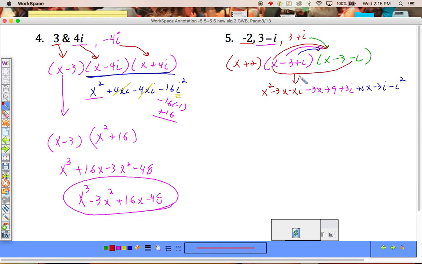All right, now I'm going to try it again. My 3i's cancel, my xi's cancel. A negative i squared is a negative negative 1, which is a plus 1. So I have x squared minus 6x plus 10 times x plus 2.